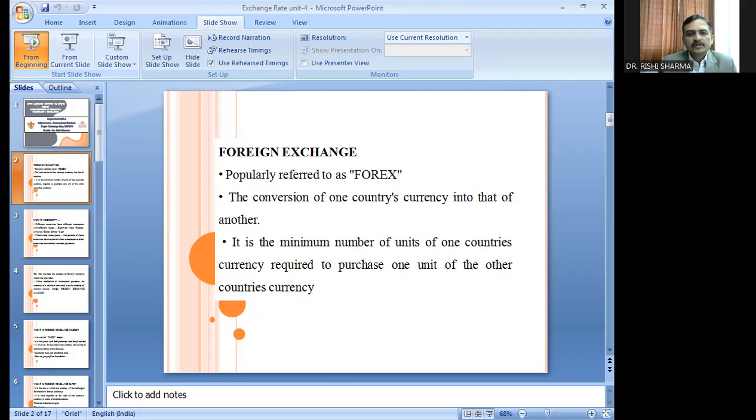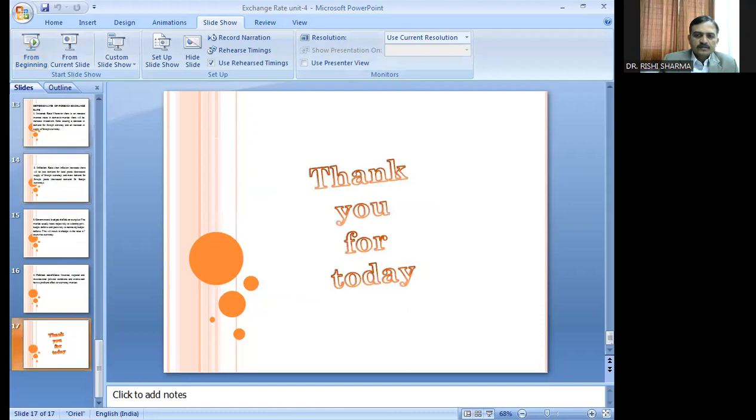Political conditions definitely play an important role in the valuation of the currency market. So you can see that a country can follow any of the three types of system: fixed, floating, or managed, depending upon their economic policies.